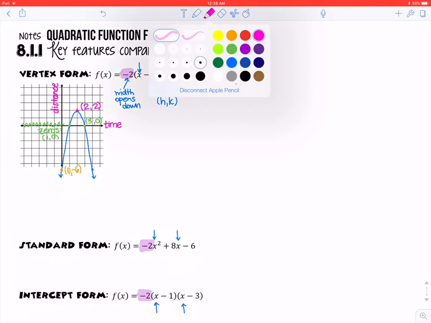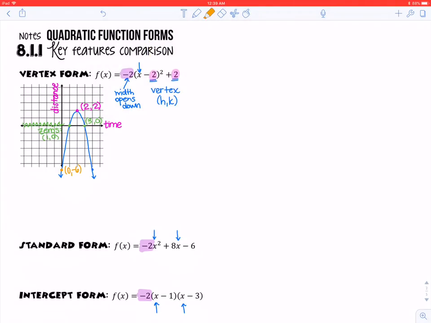Now when I look at standard form, I'm focused on that 8x, and I'm wondering if I have the number 8 anywhere as a key feature on my graph, and I don't. So that's interesting. I notice that my constant here from my equation, -6, I see that as my y-intercept.